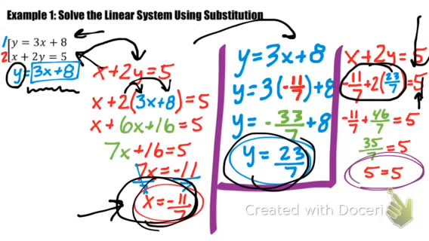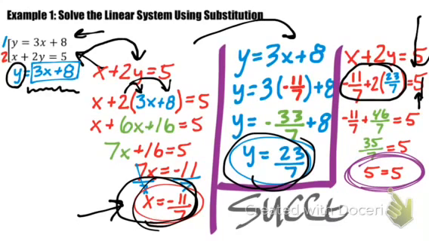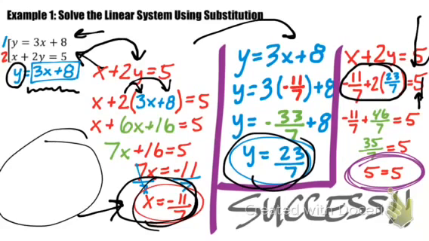That checks out. 35 divided by 7 equals 5, so we have 100% success, and we know that our final answer is negative 11 over 7 as x, and y equals 23 over 7. How you'd write that down, in an ordered pair, is negative 11 over 7, comma, 23 over 7.